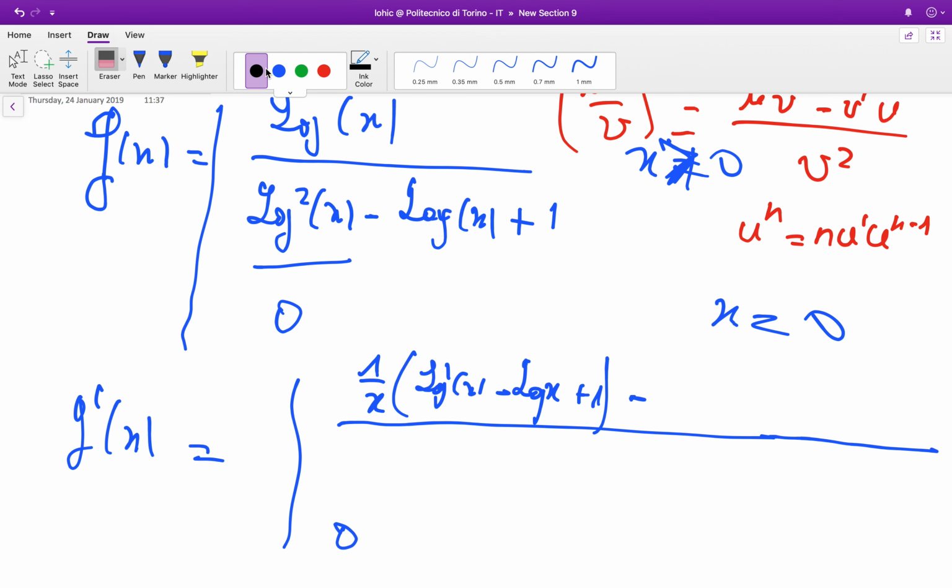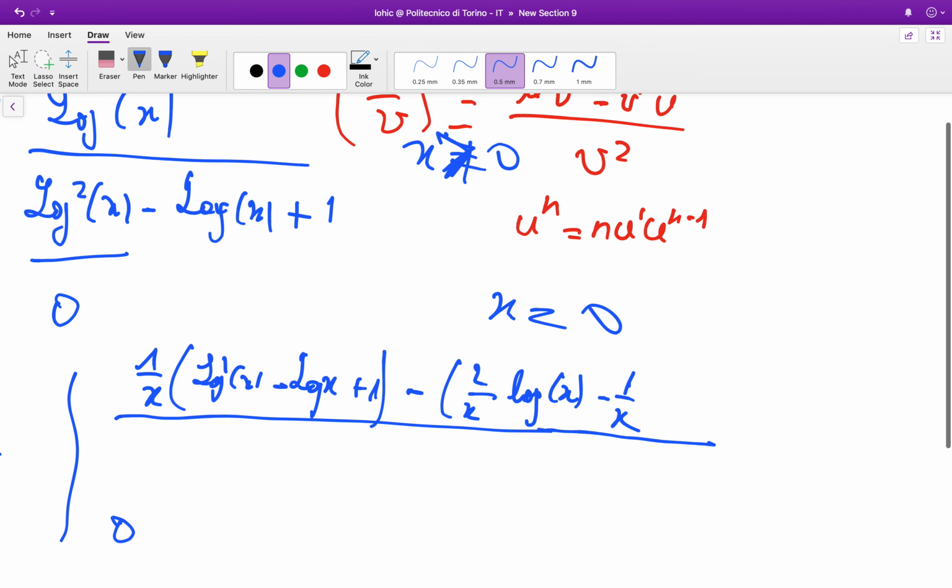So I was saying that it will give, let's put, 2 over x log of x, minus 1 over x, plus 0, that we multiply by log of x, right?